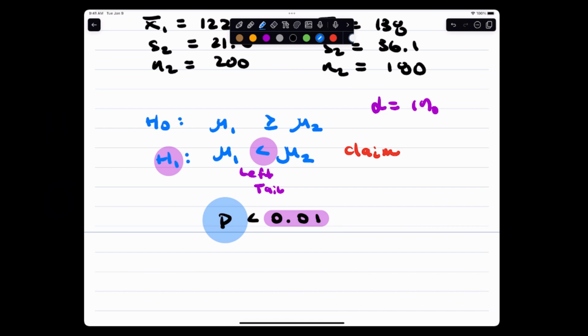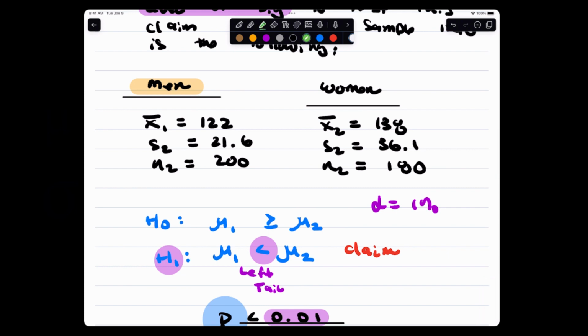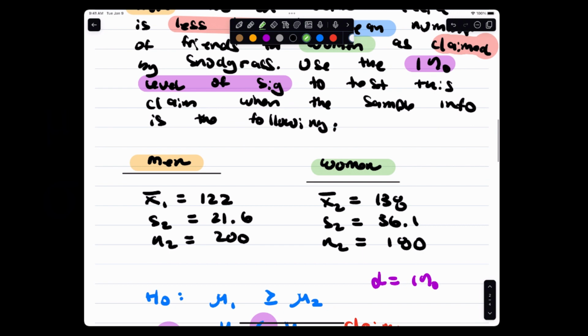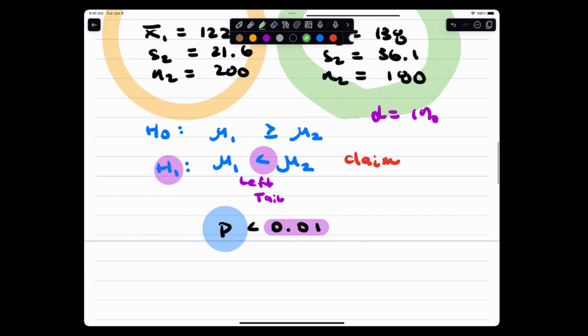Is P less than alpha? And alpha being 1%. So here's the sample information for the first group, sample information for the second group, and then remember, this is what we're using here. But remember, what test do we use? Two sample t-tests.